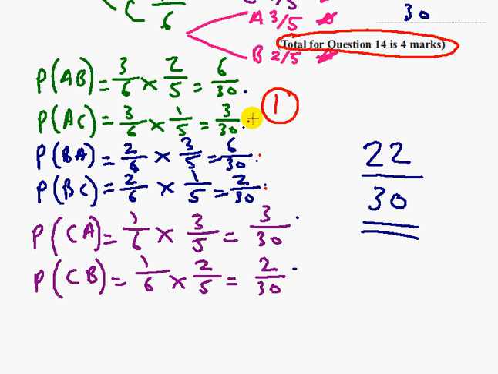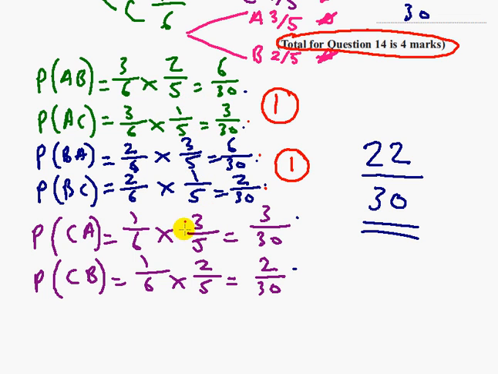Any of those will do. You actually get another method mark for timesing these through with the correct probabilities, especially the second probability here. That's actually out of 5.